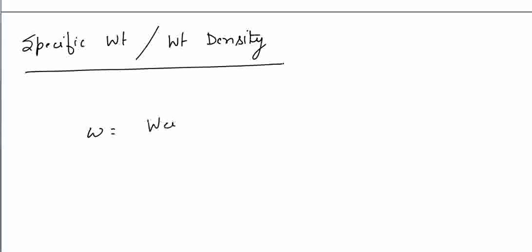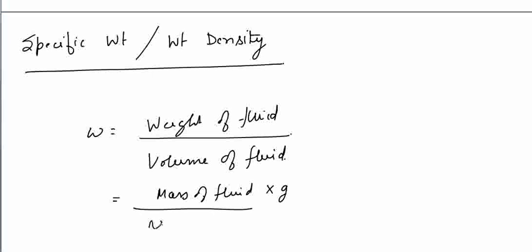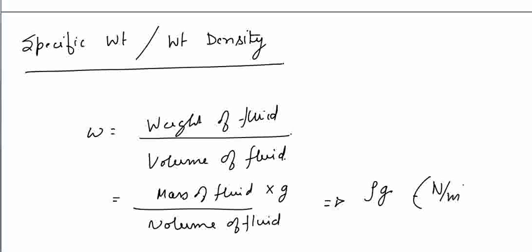So it comes out to be mass of fluid into g by volume of fluid. So this will come out to be rho into g, and the unit is Newton per meter cube.